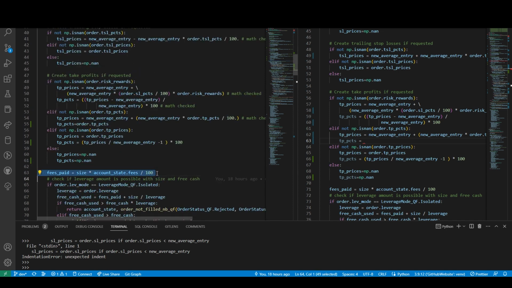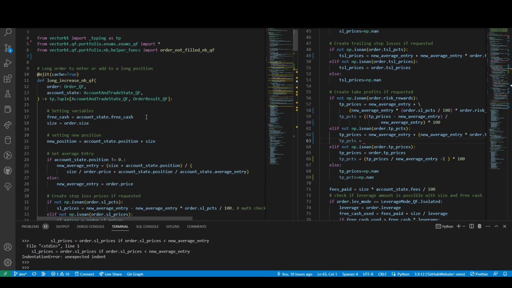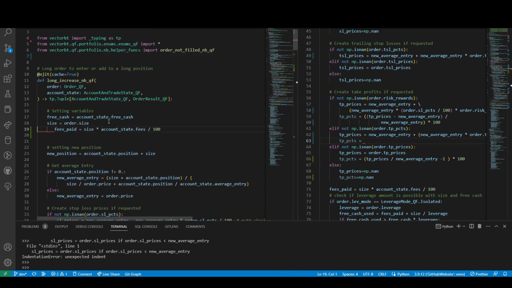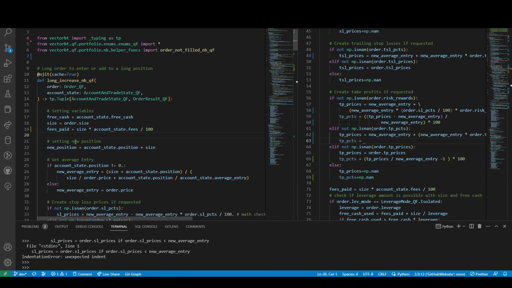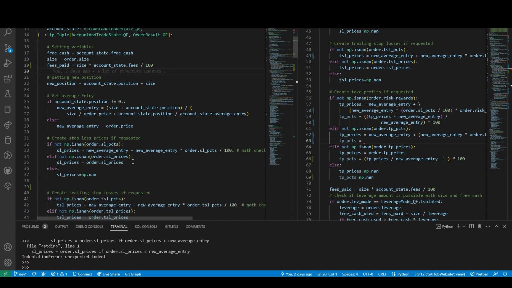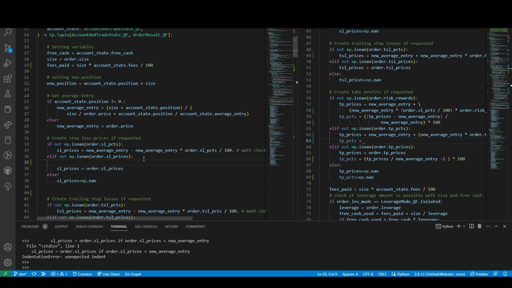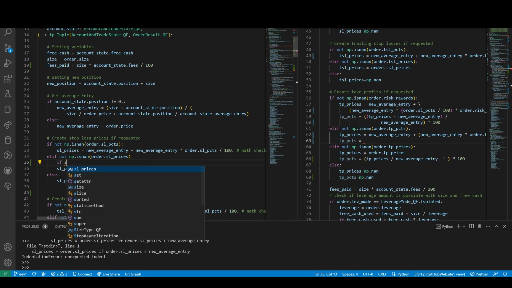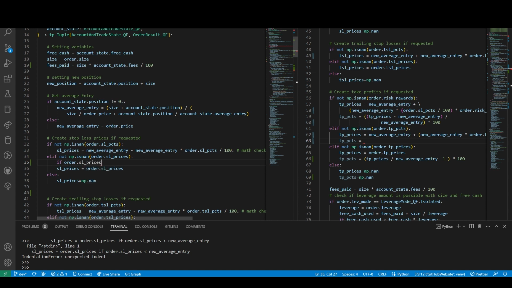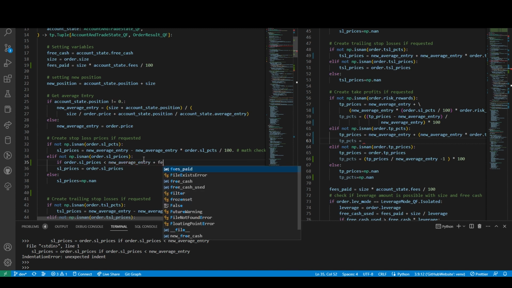Well, I guess with this, fees paid is equal to size times account state fees. Okay, so yeah, that works there. So here we could do this. If order dot stop loss prices is less than new average entry plus fees paid.